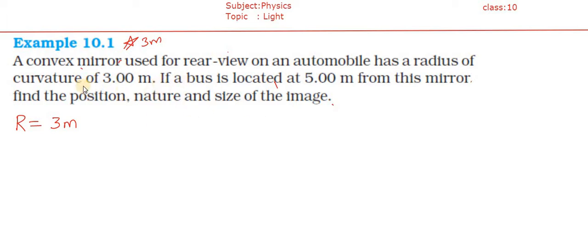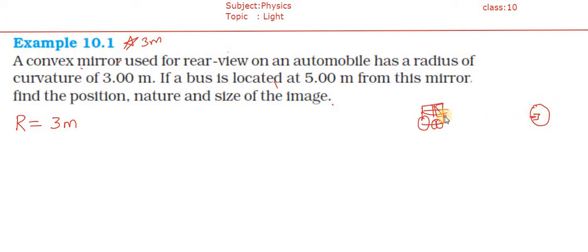Next, the radius of curvature is 3 meter, and a bus is located at 5 meter from this mirror. Suppose this is a bus. The automobile may be a scooter, and this is the mirror of the scooter.